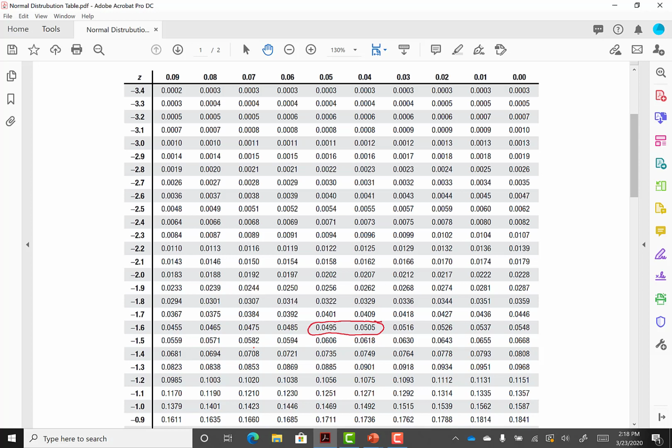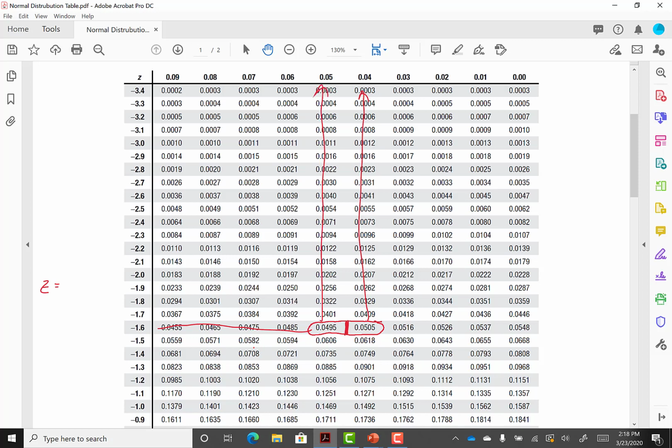And so that means then that we can actually find the exact z-score. So to find the exact z-score, we know 0.05 is exactly in the middle between these two. So we just go back and we get both of these. So we know it's negative 1.64 and negative 1.65.